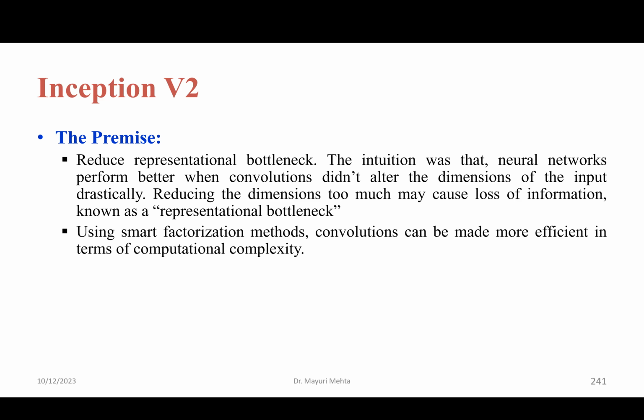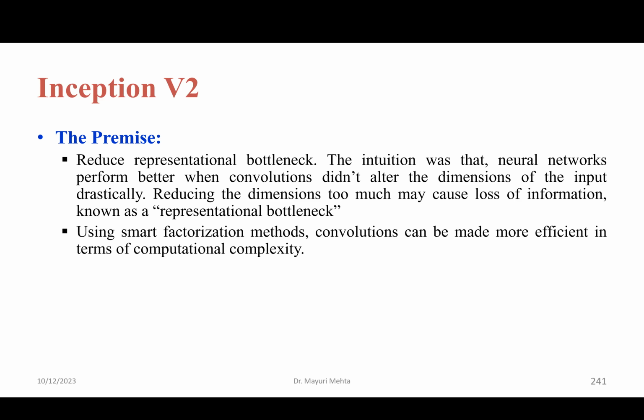Although this may seem counterintuitive, they experimented and calculated the gain, and observed that a 5 cross 5 convolution is 2.78 times more expensive than a 3 cross 3 convolution.